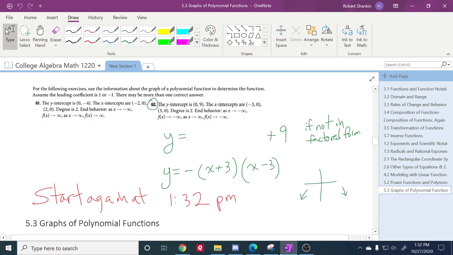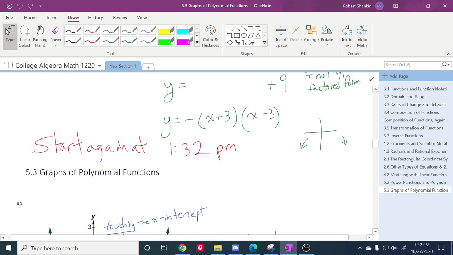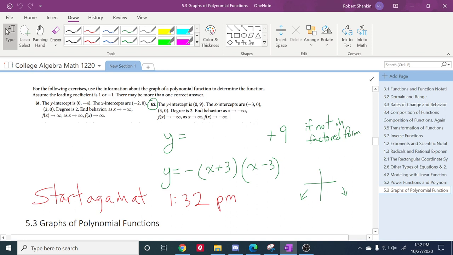All right, we are starting up again. On this last problem that we had done, 62, notice that it said the y-intercept is (0, 9). Having the x-intercepts kind of forced me into putting it into factored form.